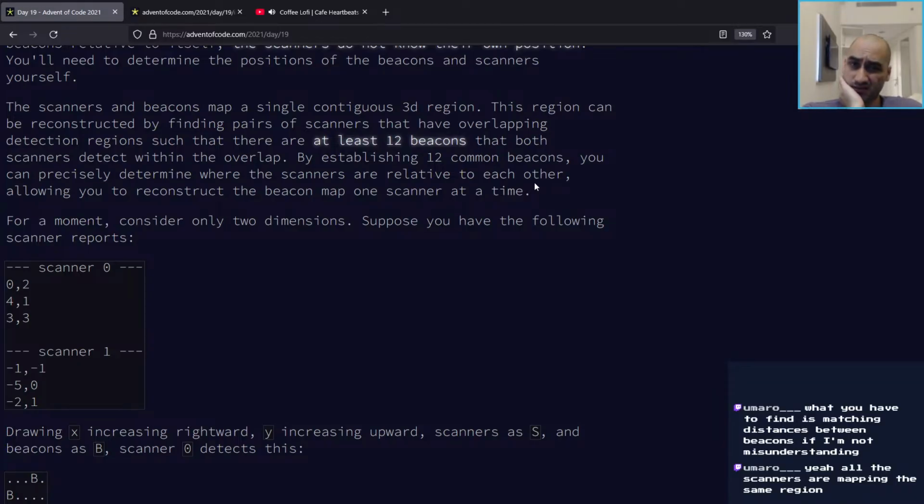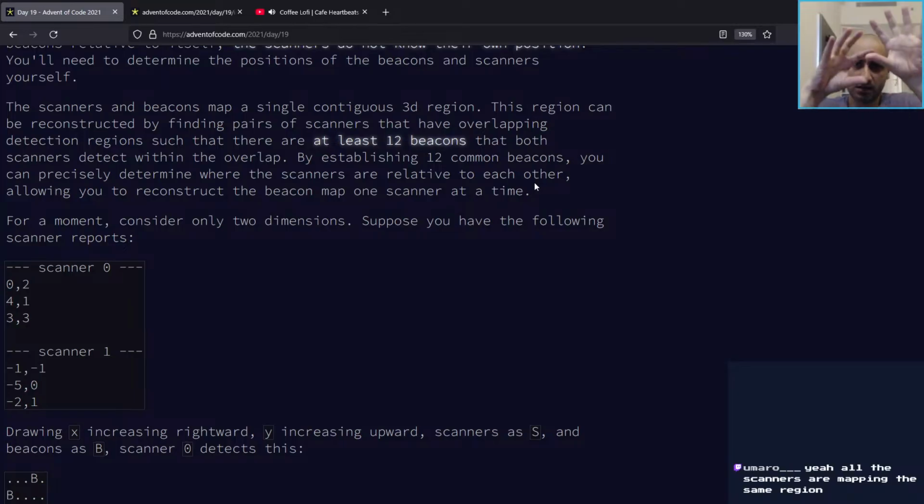Is that what they're saying? All scanners are mapping the same region. Yeah, but they don't cover the whole region. No individual scanner covers the whole region. So they could all be close together and have a lot of overlap, or they could be far apart and have very little overlap.